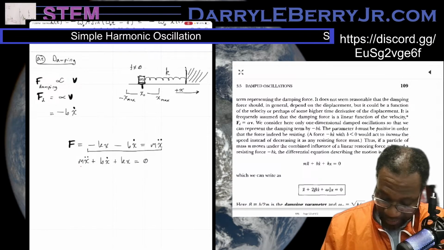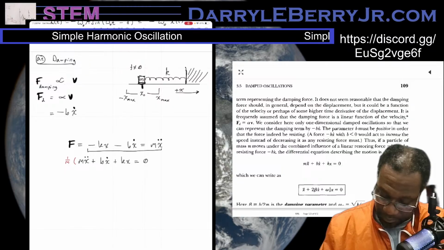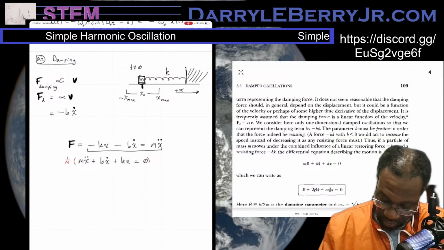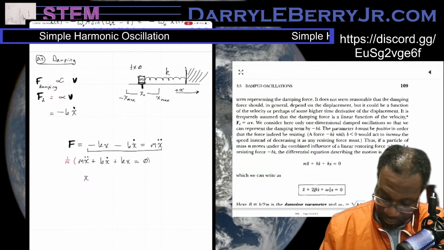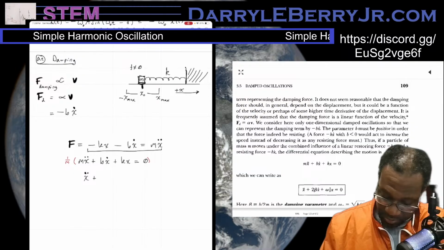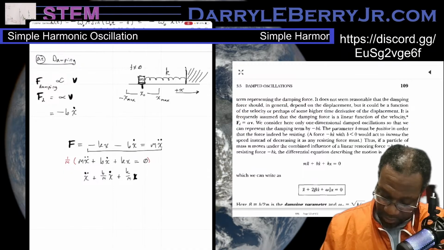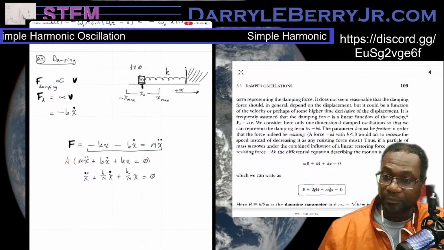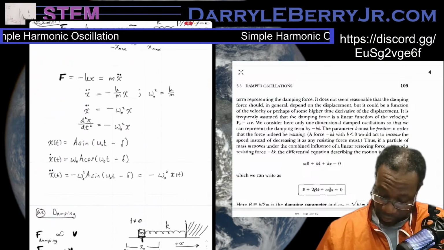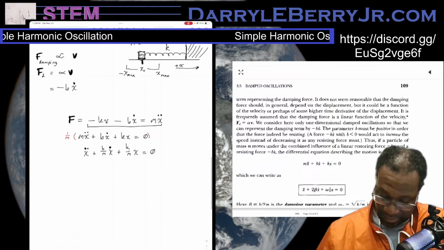And if I was to divide everything by m, we would have x double dot plus b over m x dot plus k over m x equals 0. Because again, we want to do like we did here and solve for x.